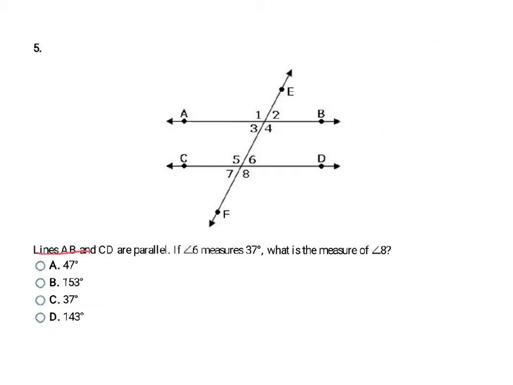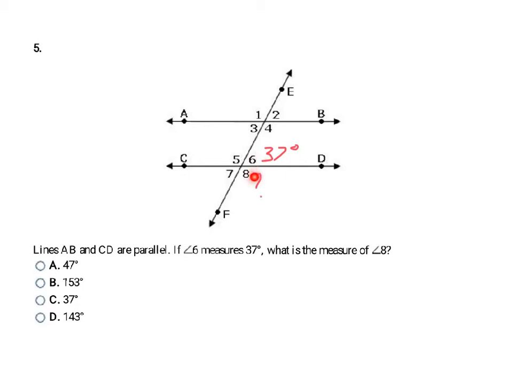So here it tells us the lines AB and CD are parallel, and it tells us that angle 6 measures 37 degrees. So I'm going to go ahead and write 37 degrees. You can go ahead and pause and copy the picture and write in 37 degrees yourself. And then it wants to know, what is the measure of angle 8?